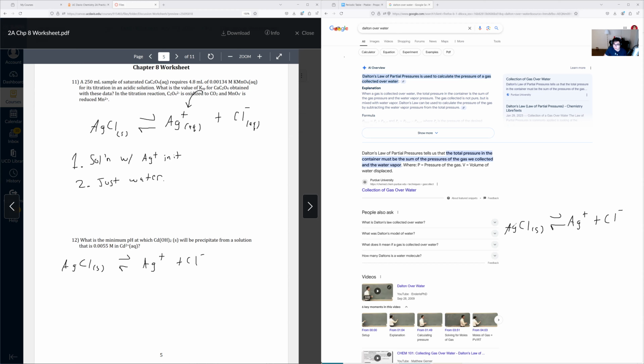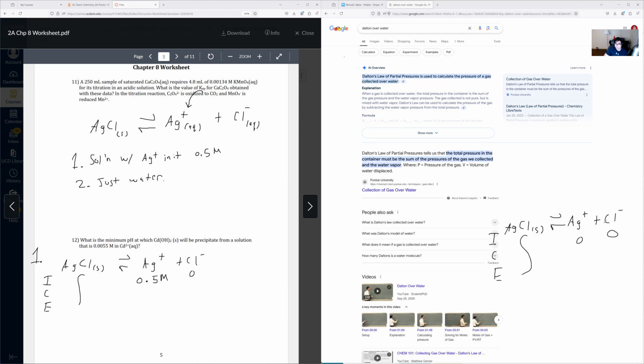You don't have to because that would take forever. But if you set up an ice table like this, we don't care about the solid. The starting concentration for the first solution would be, let's say, 0.5 molar, and then these would just be zero. So you don't add the water. It just means that you don't start with any of the ion.